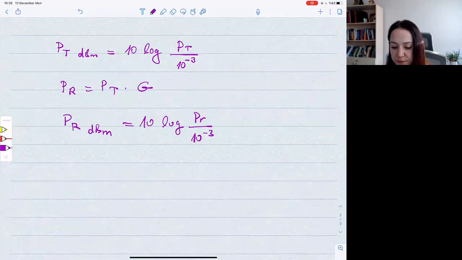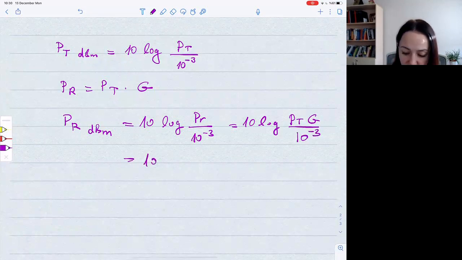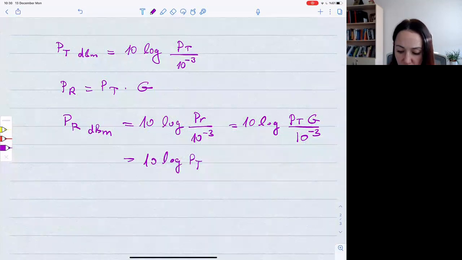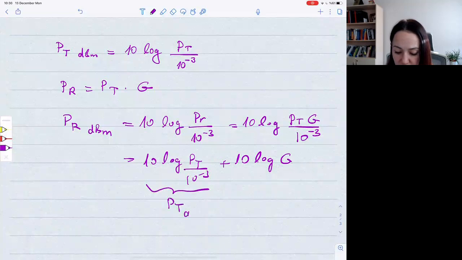Okay. Which is 10 log PT times G over 10 to the minus 3, which is 10 log PT over 10 to the minus 3 plus 10 log G. This is PT in dBm, and this is G in dB.